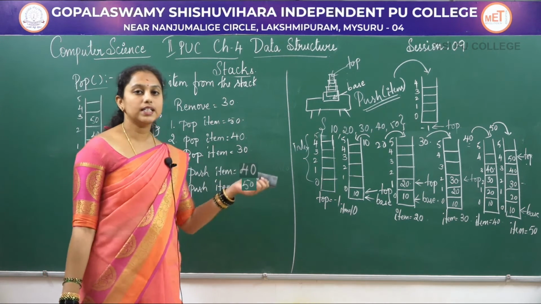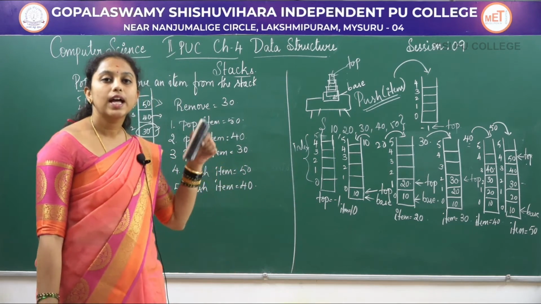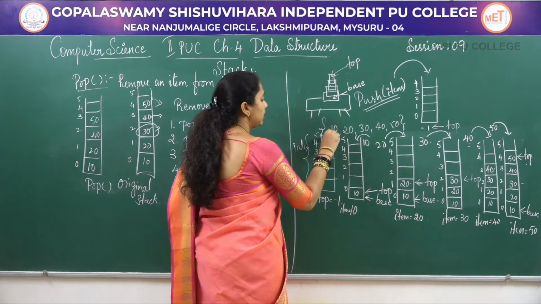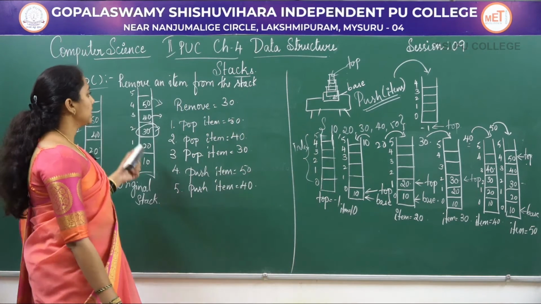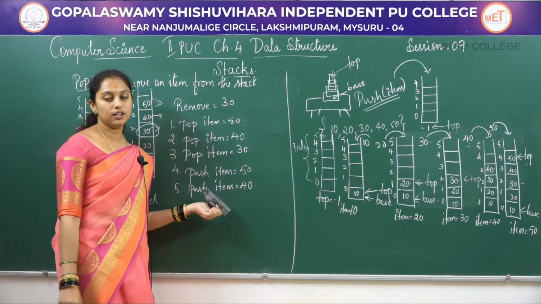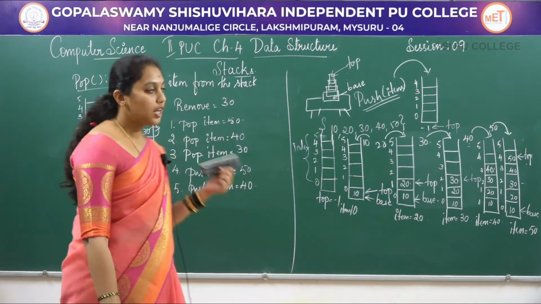So what is a stack? A stack is an ordered collection of items where insertion and deletion take place at the same point. In stacks, elements are stored in sequential memory locations.